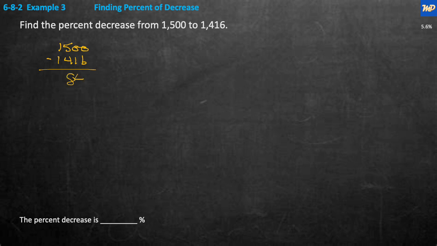So now if we take 84 and divide it by the starting number, which in this case is 1500, that's going to give us a value of 0.056.